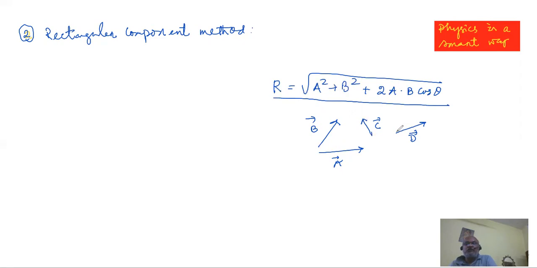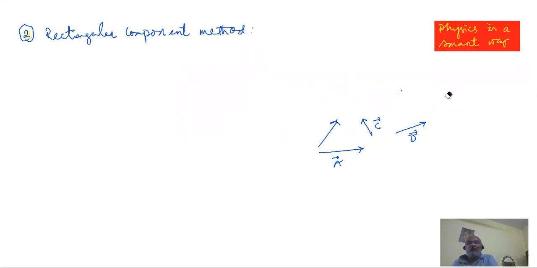The process becomes too repetitive and lengthy. So if there are 2 vectors, it is well and good, but with more than two vectors the process becomes cumbersome. That limits our power to find the resultant of more than 2 vectors.